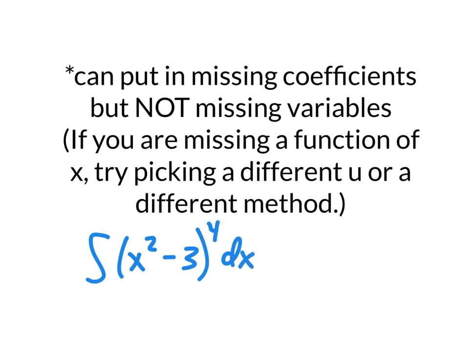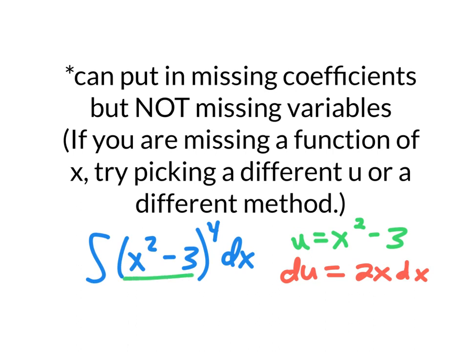Well, u would still be the inside, so u would be x squared minus 3. And then du is the derivative of the u. So that would give me 2x dx. I'm missing the 2x in this original problem. So I have the u is here with the parentheses, but for the du, all I have is the dx.